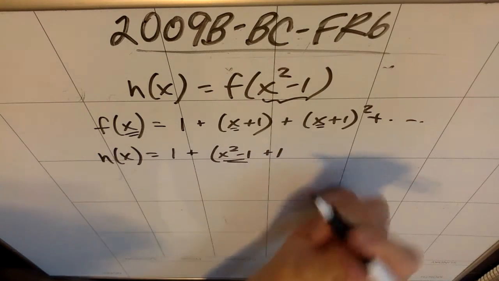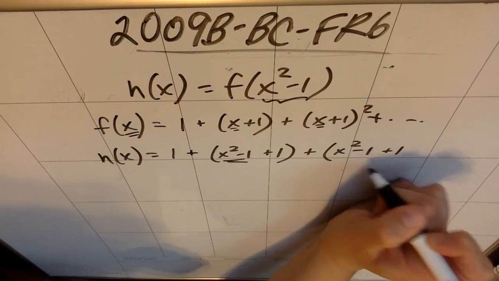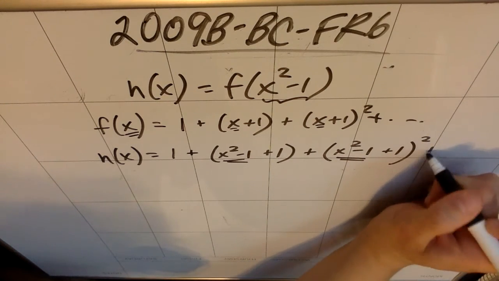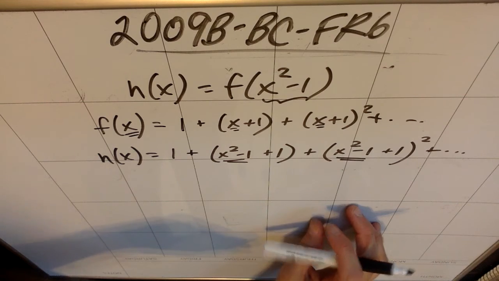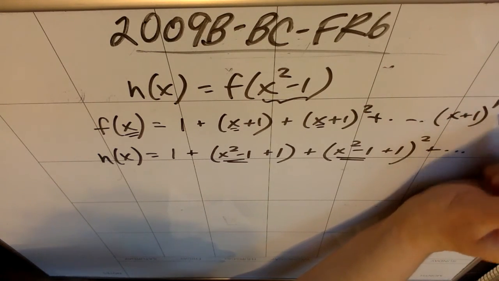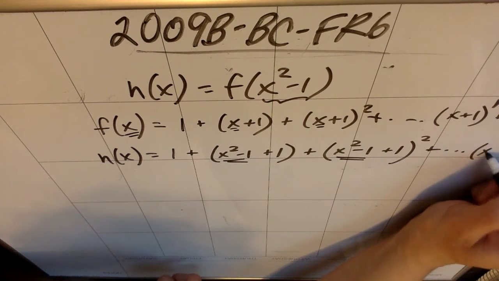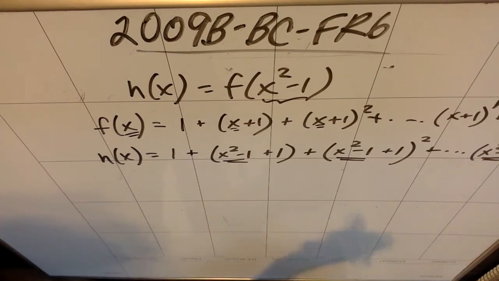Instead of an x, I plugged in x squared minus 1, plus x squared minus 1 plus 1 quantity squared, and so on. They wanted the first three non-zero terms and the general term. The general term of f was x plus 1 to the n. So this would be x squared minus 1 plus 1 to the n.